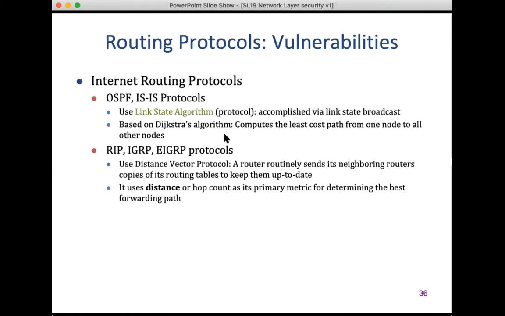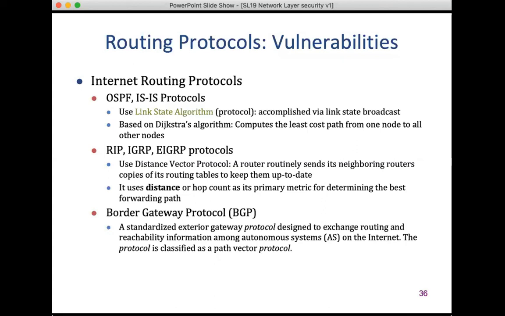And there is one very important protocol called BGP, or Border Gateway Protocol. This protocol is called an Exterior Gateway Protocol, designed for exchanging routing and reachability information among autonomous systems on the internet.